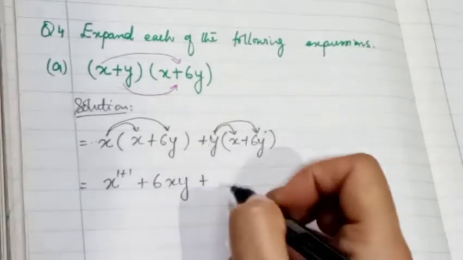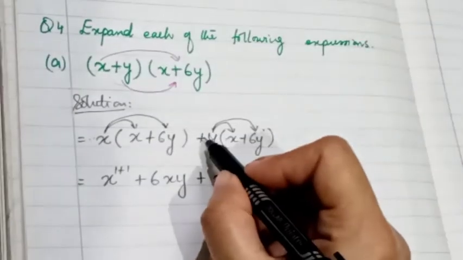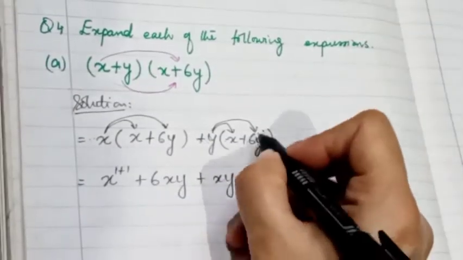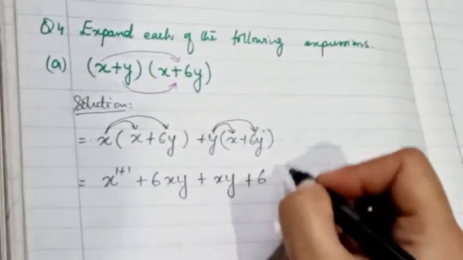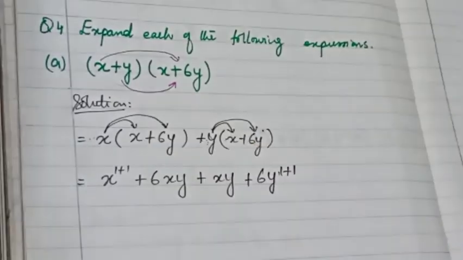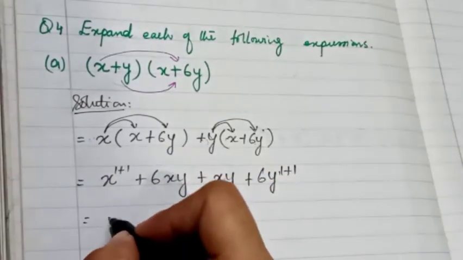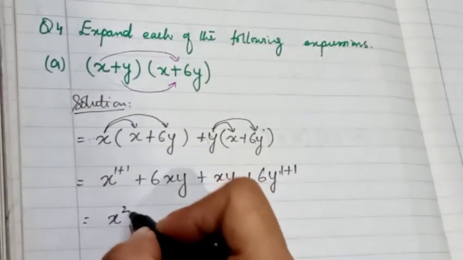Plus x into y means xy. They both variables have coefficient 1, so we don't have to write 1. Plus 6 into 1 means 6. Y into y means we have to add their powers as their bases are same. Power 1 plus 1 means y square.